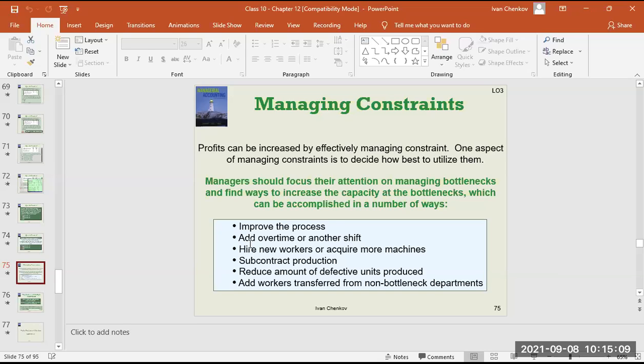First thing you can do is improve the process. Second thing is add overtime or another shift, so increase the availability for that particular constraint. Hire new workers or get a new machine. Or subcontract production, instead of making it, buy it. Reduce the amount of defective units produced. Or transfer workers from other departments. Any of those techniques can work.